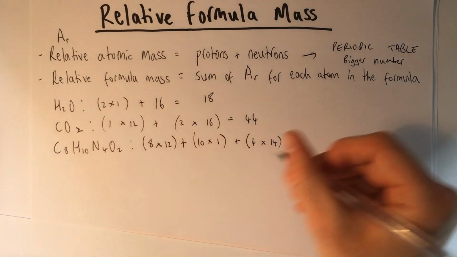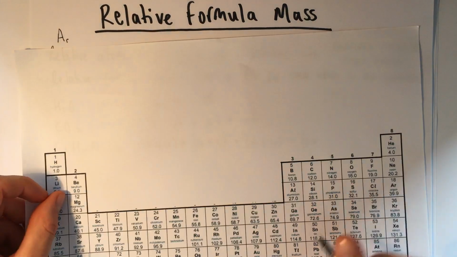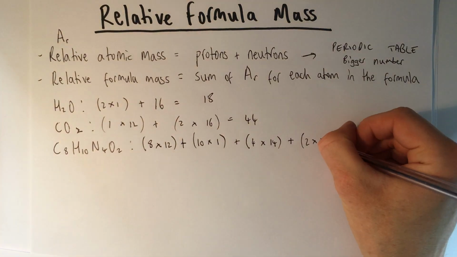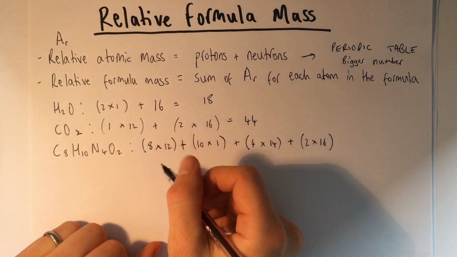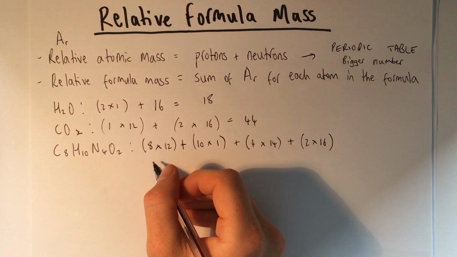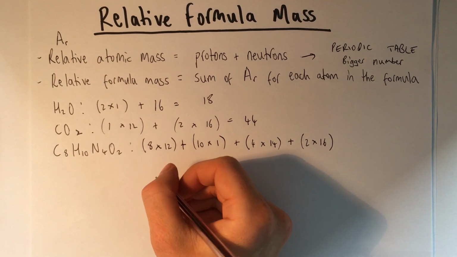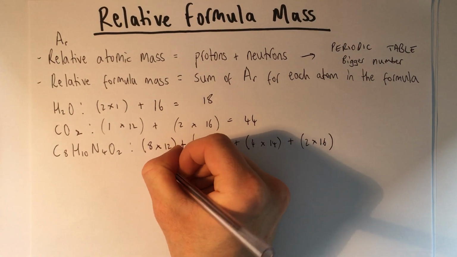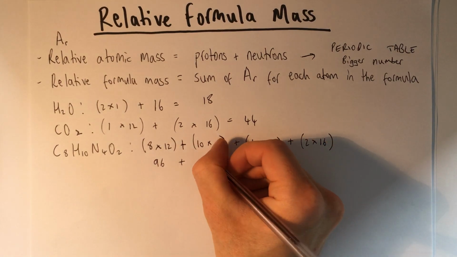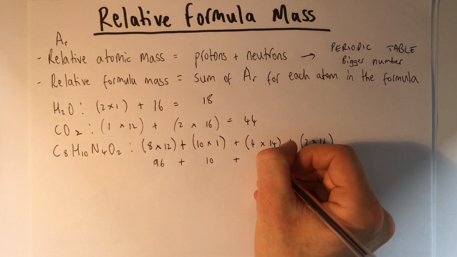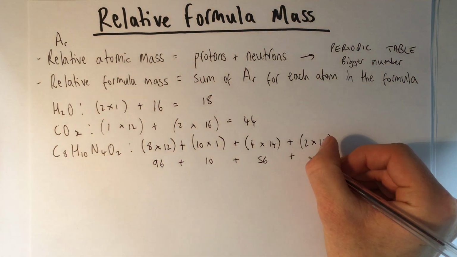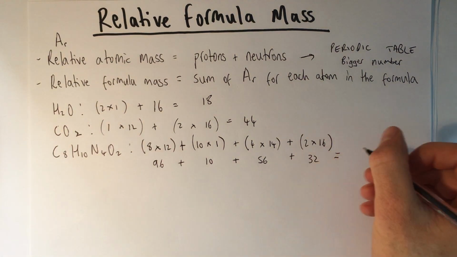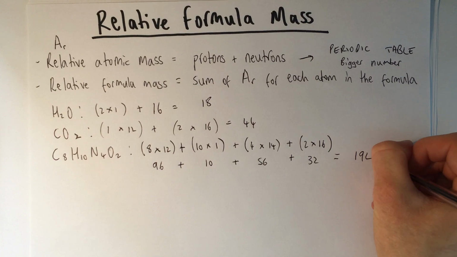And then add to that oxygen, which is 2 lots of 16. Just to show it step by step, so next step, I'm just going to work out those brackets. So at the start, it's going to be 96. The next bracket is 10. Then the next bracket is 56, and then the next bracket is 32. And the total is 194.